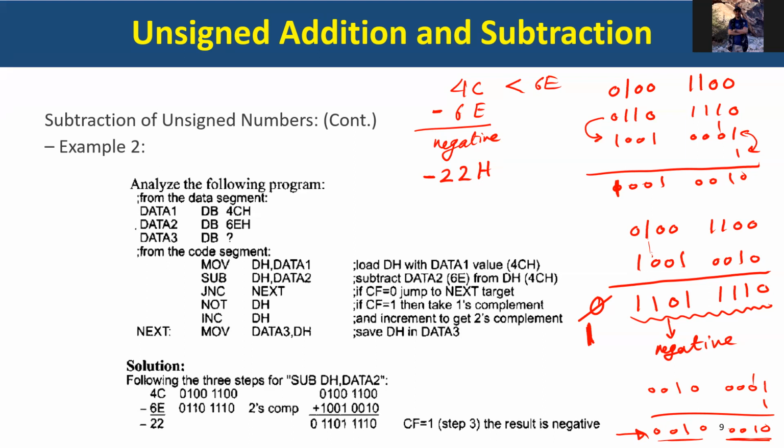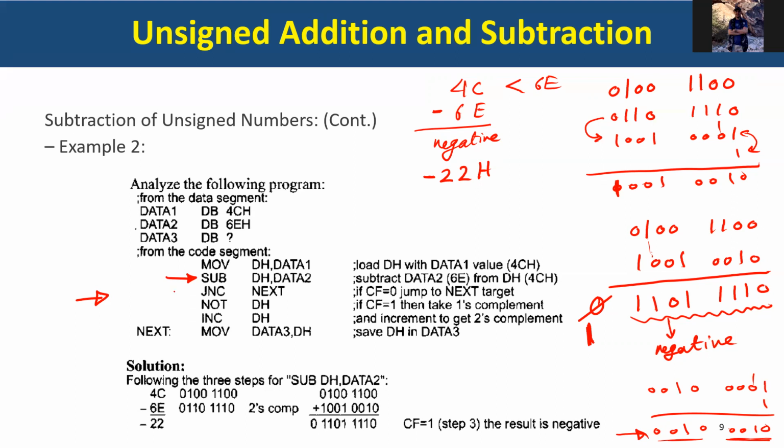Okay. And if we look here at the program, it takes care of that inversion. So after making the subtraction, we need to take the 2's complement of the output, if it's a negative number.